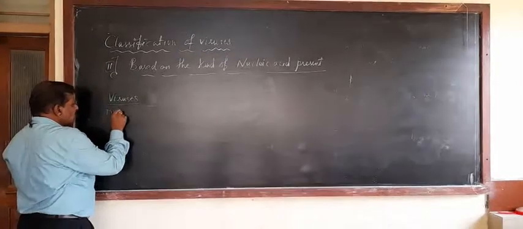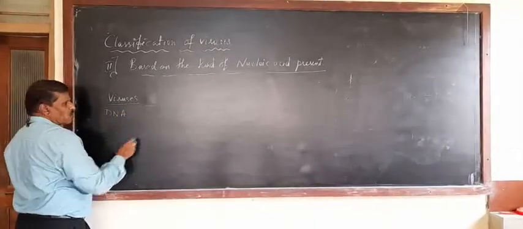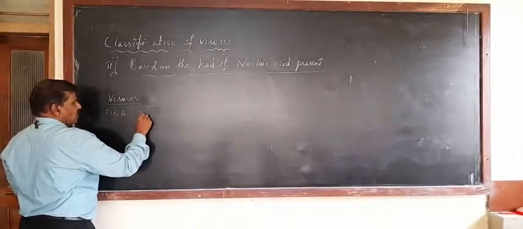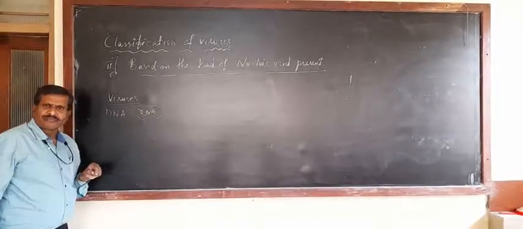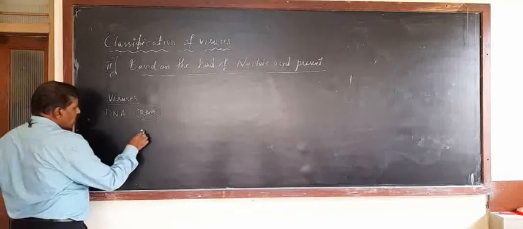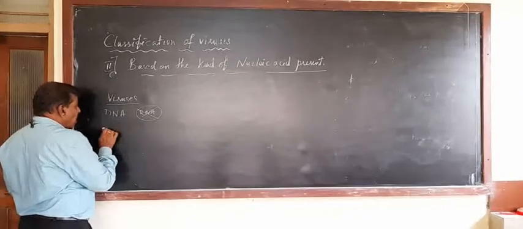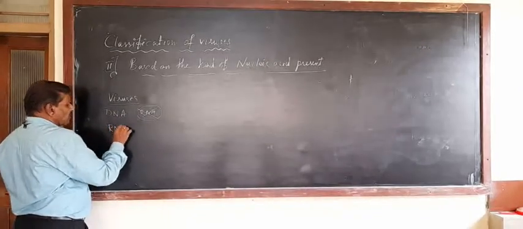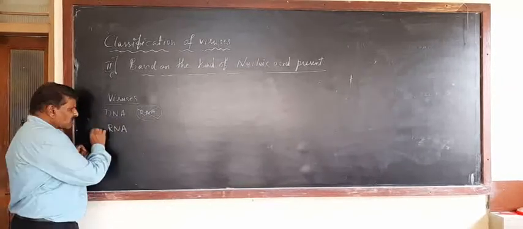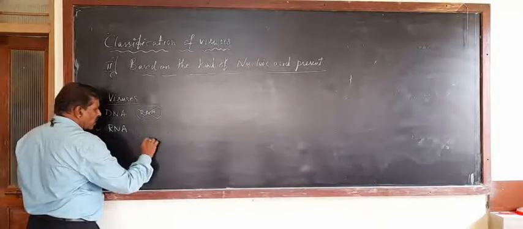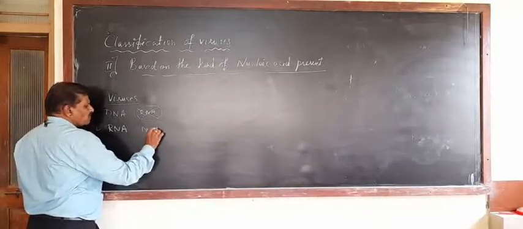Suppose in the virus DNA is present, then there is no RNA, RNA is absent. Suppose the viruses have RNA, then this RNA itself acts as the genetic material. In such viruses, there is no DNA present.